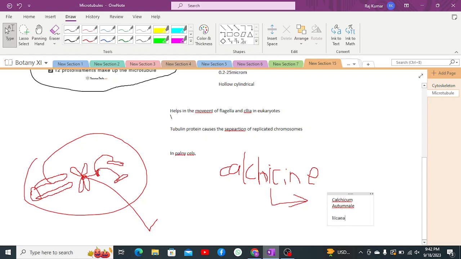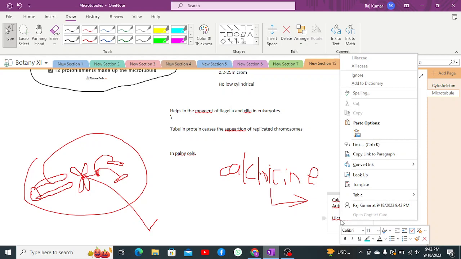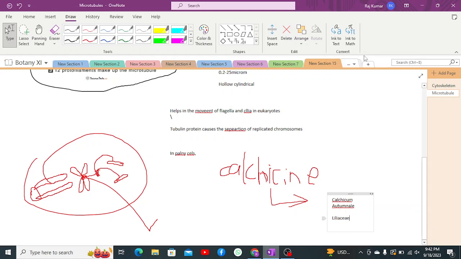It is the same family which has onion as well as garlic.